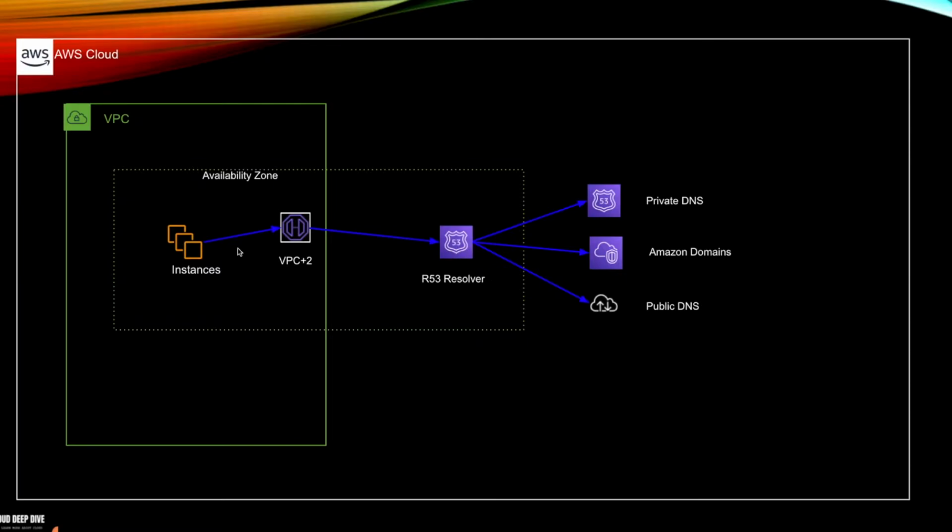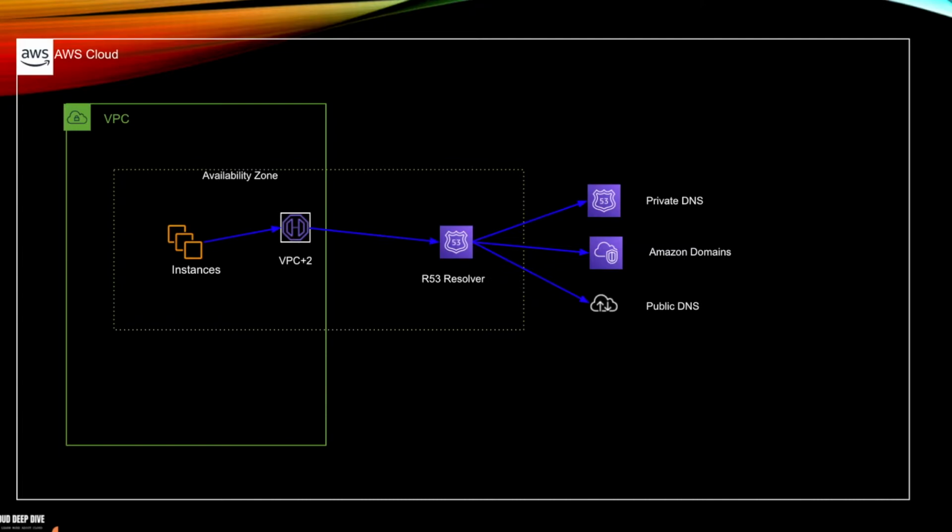In this case, we are taking the example of amazon.com. It will try to resolve amazon.com and find out what the IP address of that is. So what is Route 53 Resolver going to do? It will first check the private hosted zones: does this query belong to my private hosted zone?